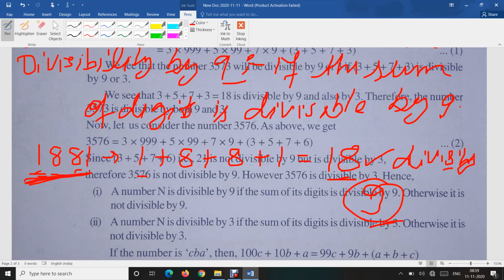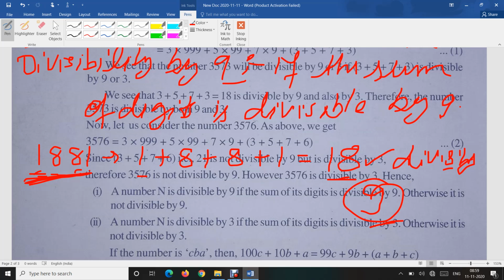Now the next is divisibility by 4. Here there is some difference. It is quite different because so far we have studied the unit place, but this time we are talking about the last two digits of that number. So the divisibility by 4 is: if the number formed by its last two digits is divisible by 4, then the number must be divisible by 4.